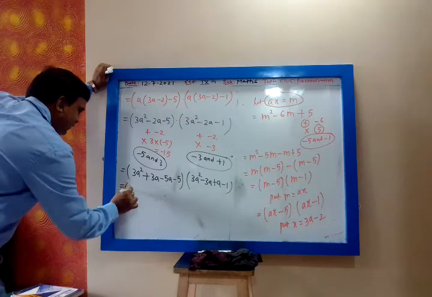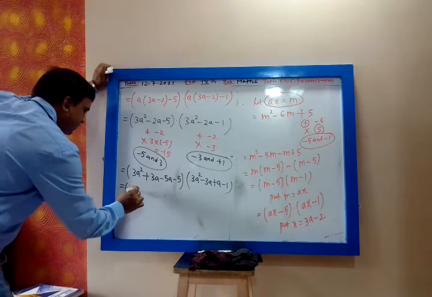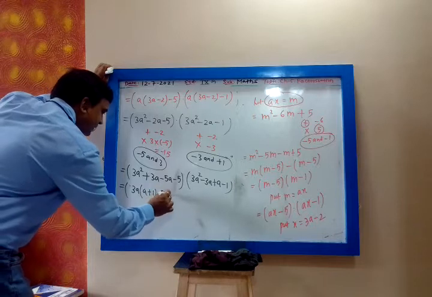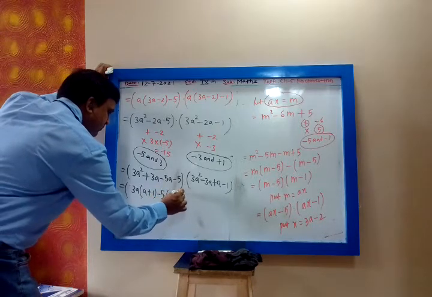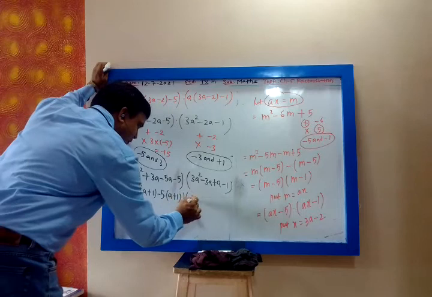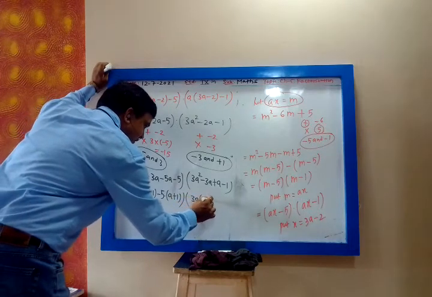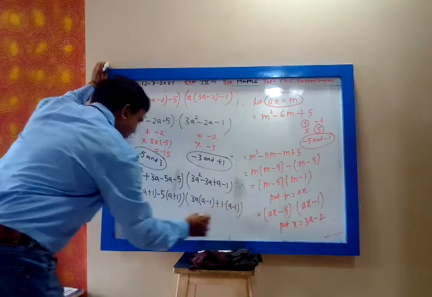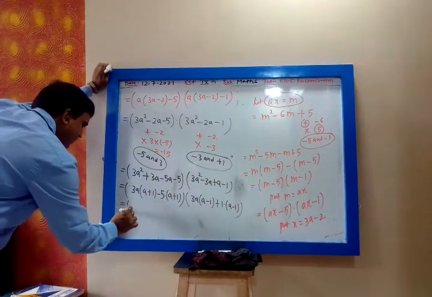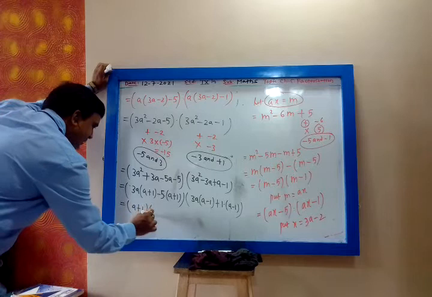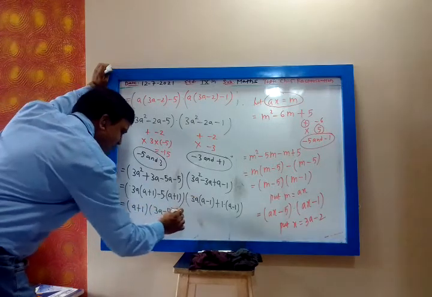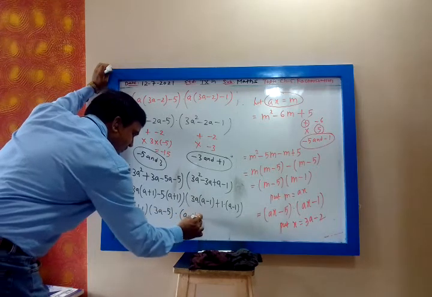In the first, 3a common, then it is a plus 1, minus 5 common, then it is a plus 1. In the second, 3a common, then it is a minus 1, plus 1 into a minus 1. So a plus 1 is common: a plus 1 into 3a minus 5, and into a minus 1 is common, then it is 3a plus 1.